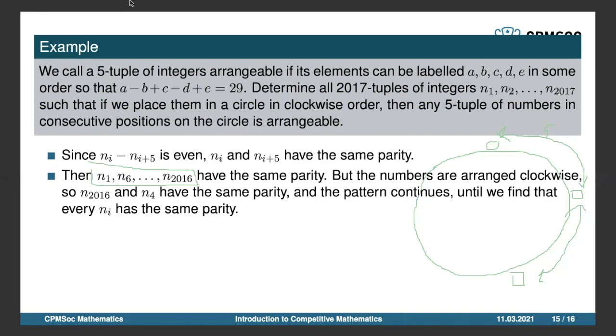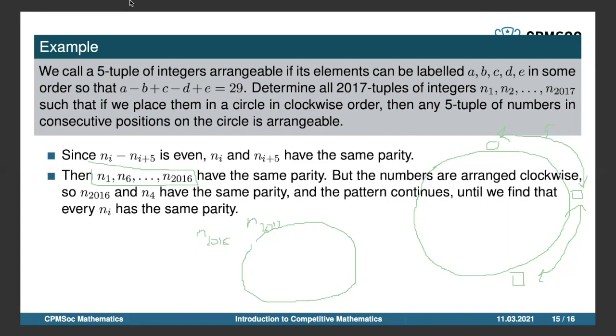But since the numbers are arranged clockwise in a circle, if you have n2016 over here, clockwise of that is n2017, and clockwise of that will be n1 again.